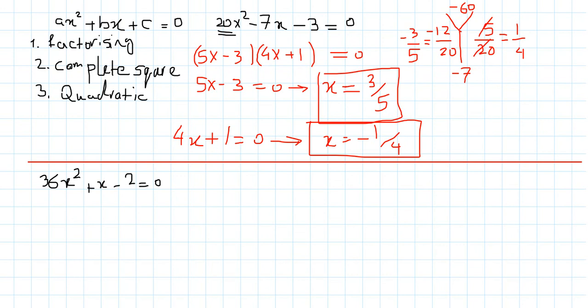Okay, again I have a, and it is my problem here, but it is not very hard. Let's draw the y. 36 times minus 2 is minus 72, and here should be 1. I should find two numbers. When multiplied by each other it will be minus 72, and when added it will be 1.